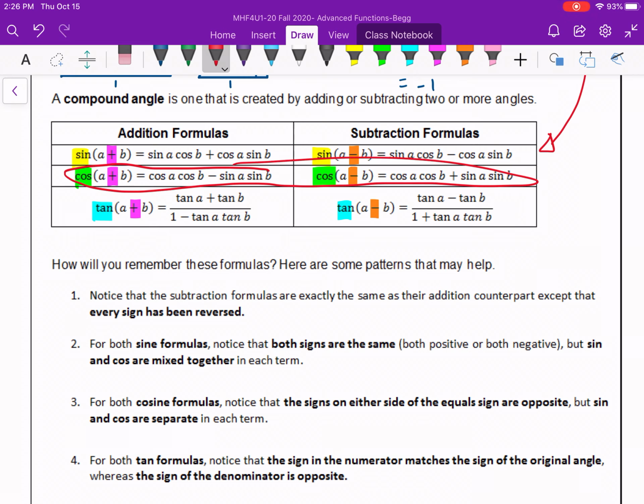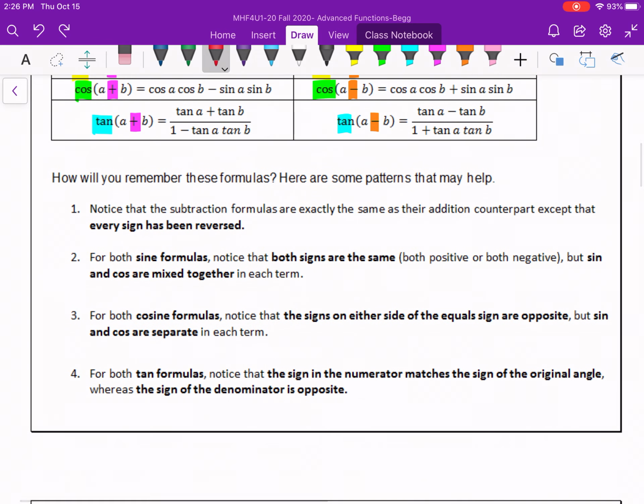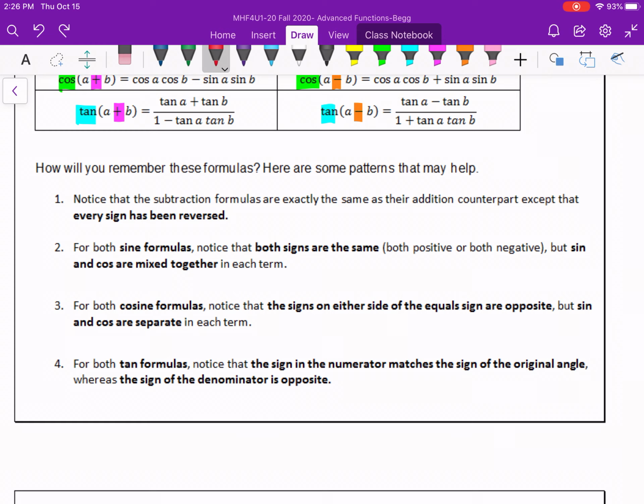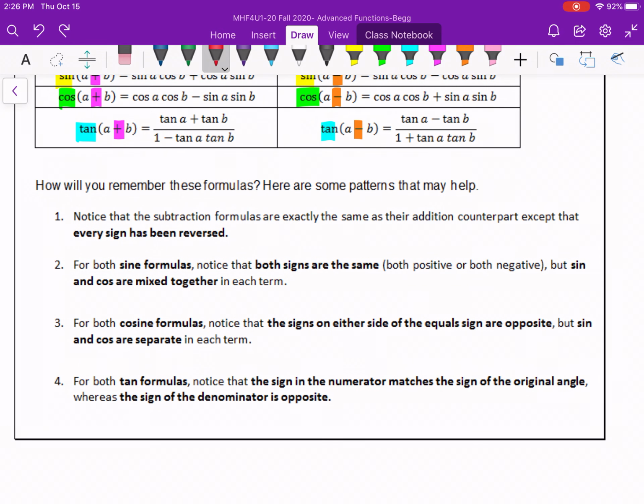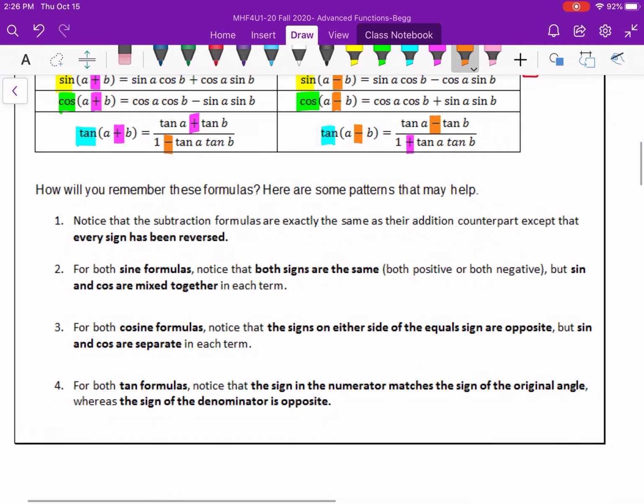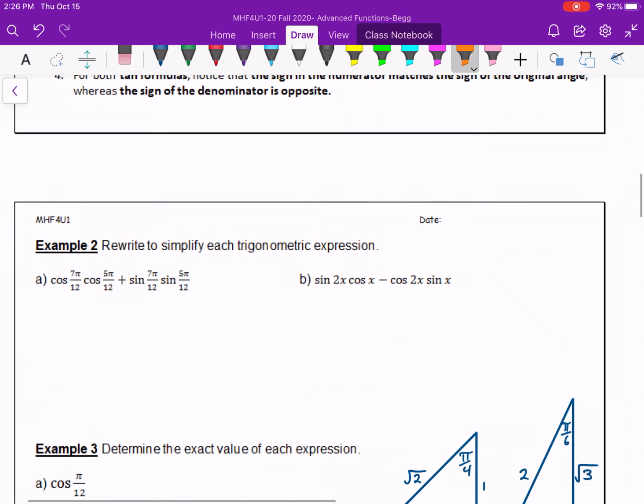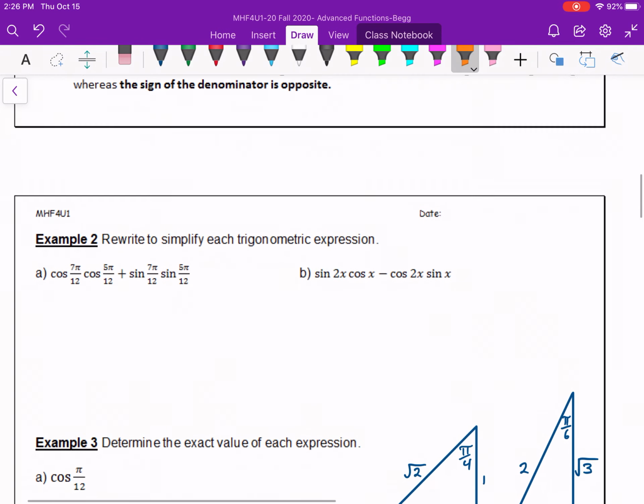As far as the tan formulas go, notice that the sign in the numerator matches the sign of the original angle, whereas the sign of the denominator is the opposite. So if we have a plus in this one, we have a plus on the top. If we have a minus in the right-hand one, we have a minus on the top, and they're opposites once again. So these are just some ways to help remember these formulas. Anyway, let's put them to use.